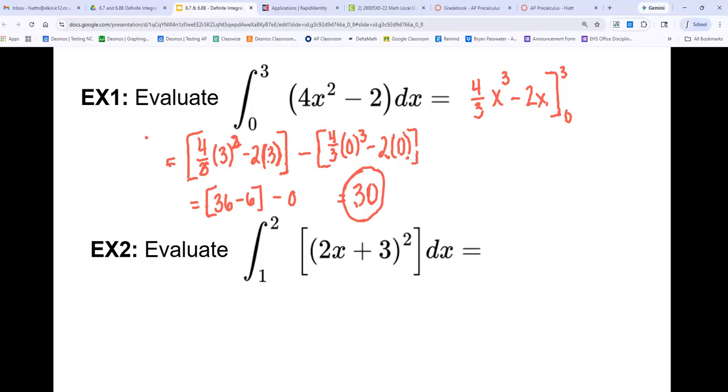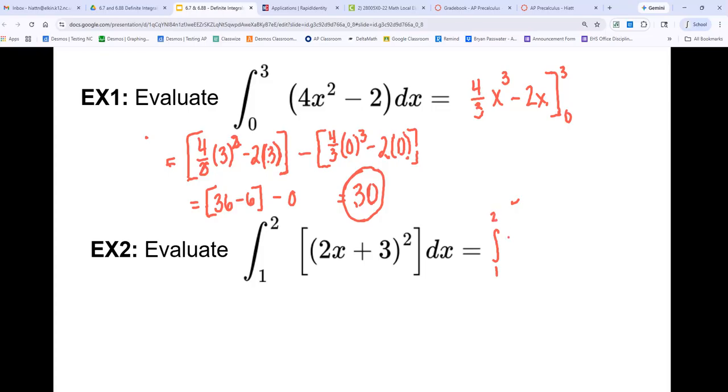Alright, 2. I don't know how to integrate that like it is right now, because it's sort of like a chain rule situation, and we have not learned how to deal with that yet. We're going to, but we haven't yet. So, your only option right now is to expand this first. So, for this, we would integrate from 1 to 2.